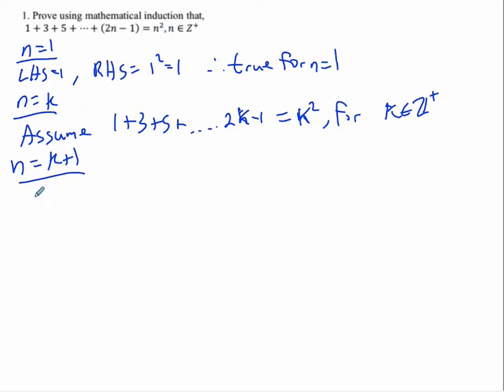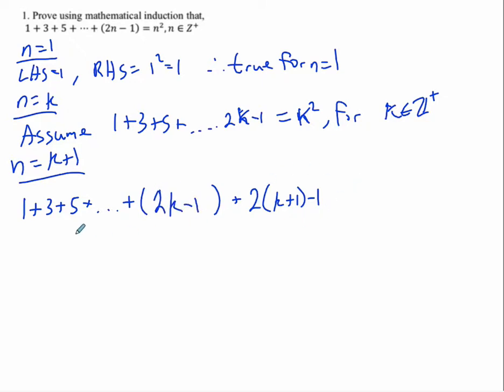Okay, so we're showing that if n equals k is true, then n equals k plus 1 also has to be true. So we have this. If we have our last term of this series, it's going to be 2 times k plus 1 minus 1. So our previous term before that is just 2k minus 1.